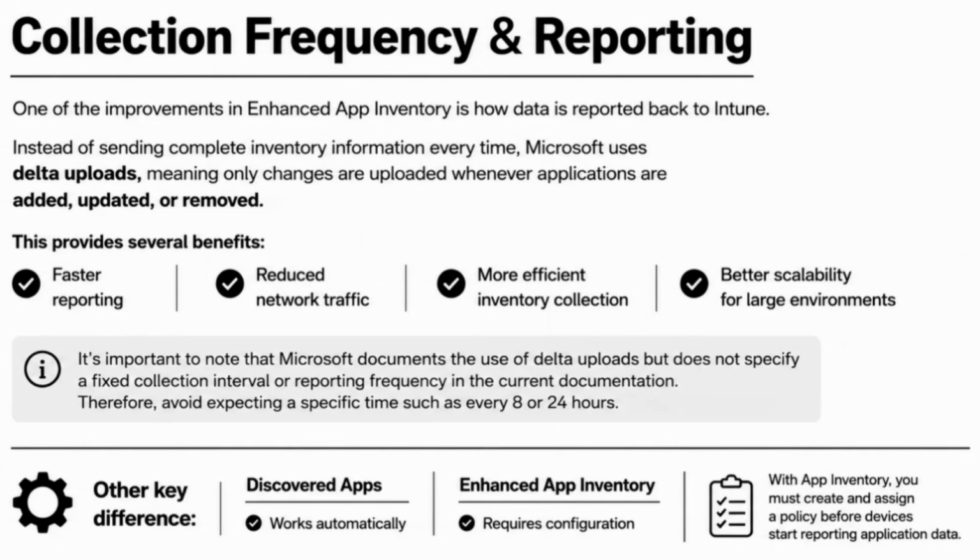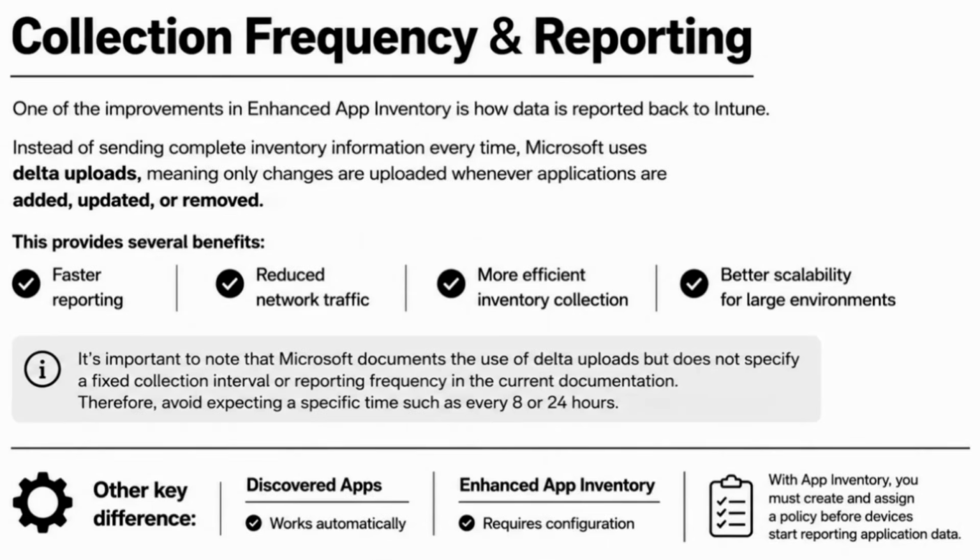Now let's talk about the inventory collection. One of the improvements in enhanced app inventory is how data is reported back to Intune. Instead of sending complete inventory information every time, Microsoft uses delta uploads, meaning only changes are uploaded whenever applications are added, updated, or replaced. This provides several benefits like faster reporting, reduced network traffic, more efficient inventory collection, and better scalability for large environments.